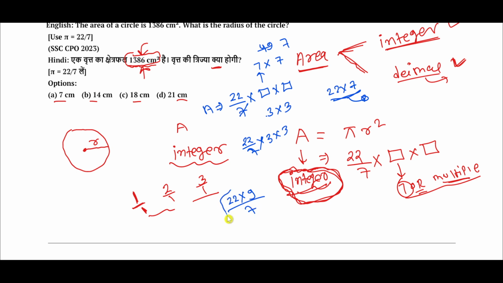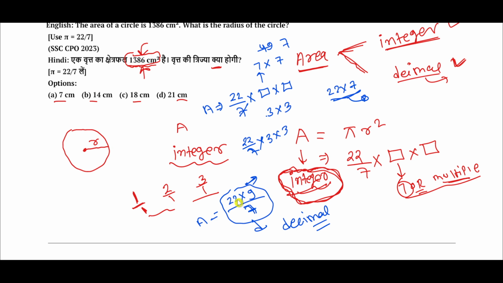So this gives the area in decimal. Why does this give area in decimal? Because in the denominator there is a 7 which is not exactly divisible by any value present in the numerator. That's why it gives us a decimal value.